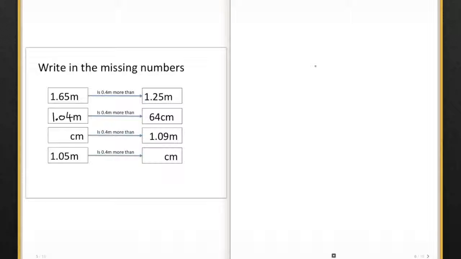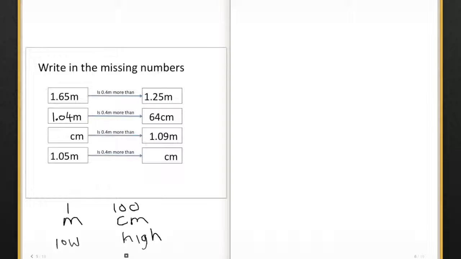Let's do the next one. I'm going from metres, because my 1.9 is in metres, to centimetres. There are 100 centimetres in 1 metre. So to change this into centimetres, which is what the answer is in, I need to change from low, because 1 is low, to high, because 100 is high.